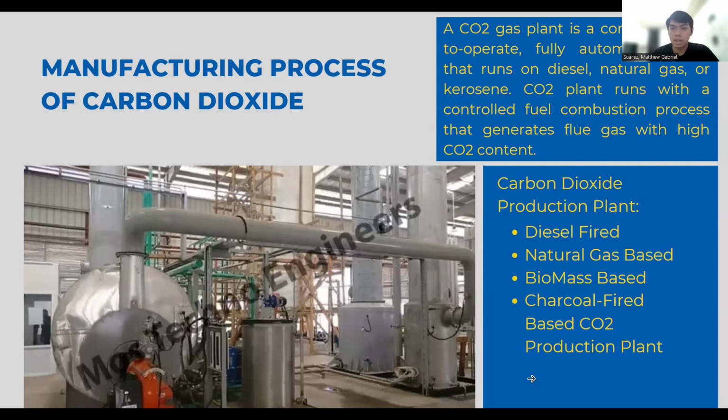The carbon dioxide plants utilize a controlled fuel combustion process to produce flue gas with a high concentration of carbon dioxide. They have various types of carbon dioxide production plants available to cater to different requirements. These include diesel-fired, natural gas-based, biomass-based, and charcoal-fired carbon dioxide production plants.